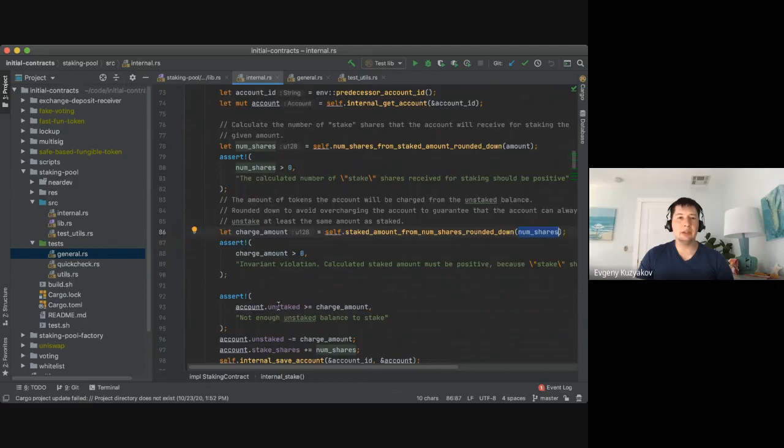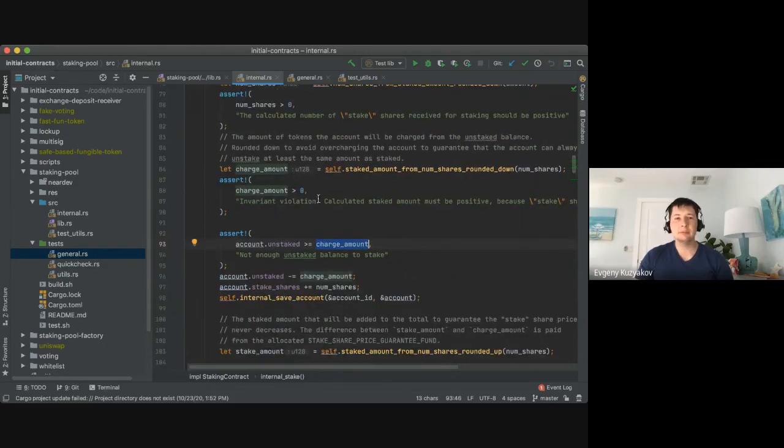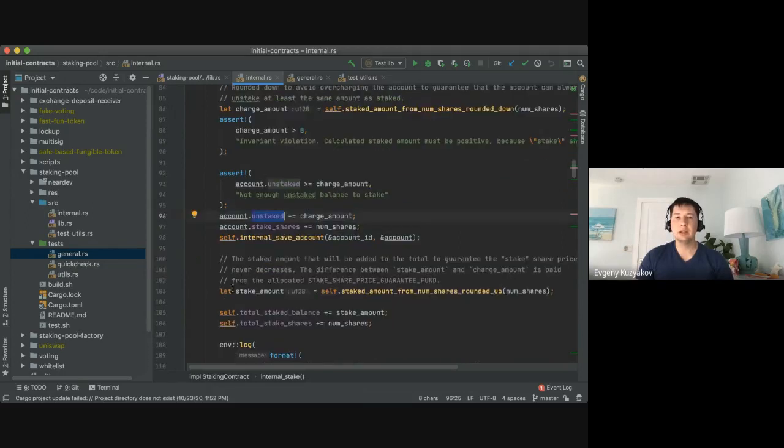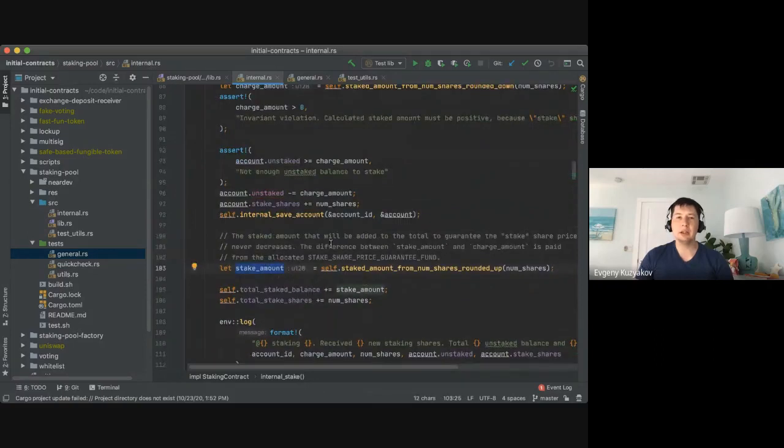Finally, we're saying that the account has enough amount to pay for the amount charged, and we decrease the internal unstaked balance, and increase the internal number of shares balance of the account. And the stake amount, we round this up. So the number of shares is actually rounded up.